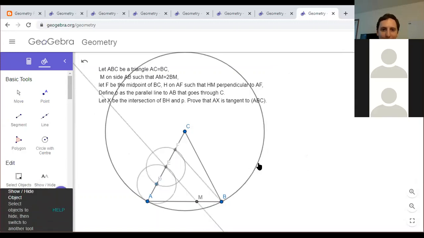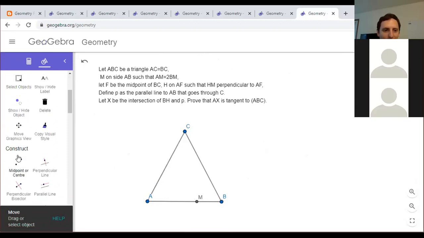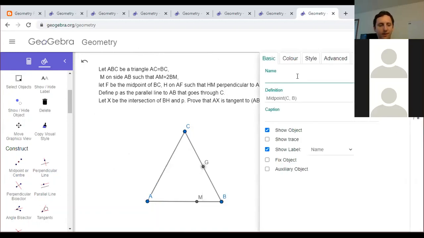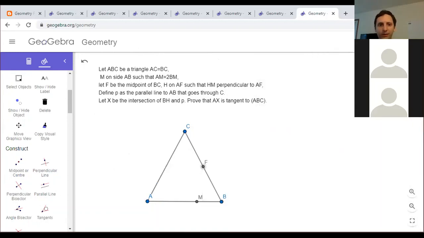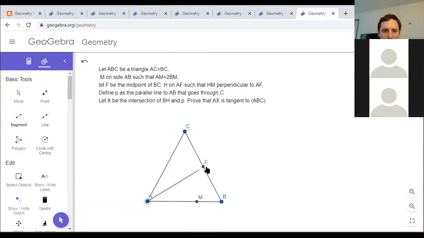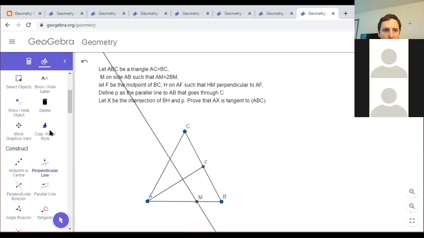Okay, so AM is 2BM, F is the midpoint of BC, and H is on AF such that HM is perpendicular to AF.